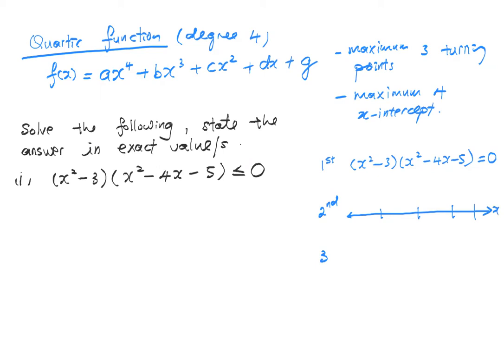Third step: test for the sign for each region. If the sign is positive, it means the whole function is greater than 0. The graph is above the x-axis, correct? Okay. Can I give you 5 minutes to do that? Everyone follow the steps and try.